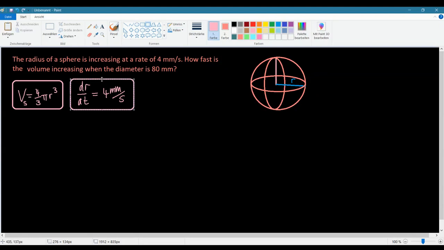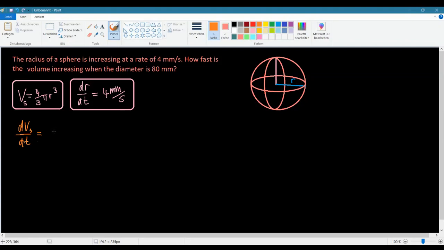So the first thing that we're going to do is differentiate our formula right here implicitly. So we're going to differentiate both sides. Now, the left side is just going to become what we're solving for, the change in the volume of the sphere over the change in time. And then this side is going to be a little bit harder, but not really.